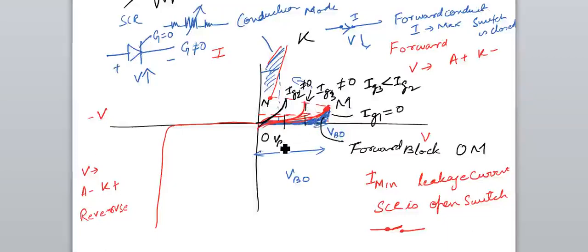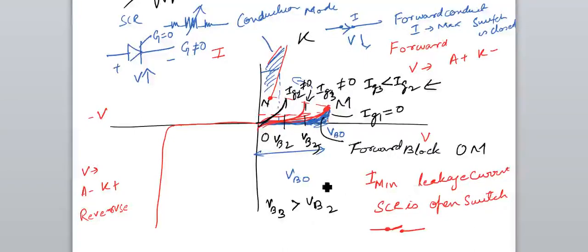This is VB2 and VB3, so VB3 is more compared to VB2. The more gate current you give here, the breakdown level decreases, so the turn on is done.